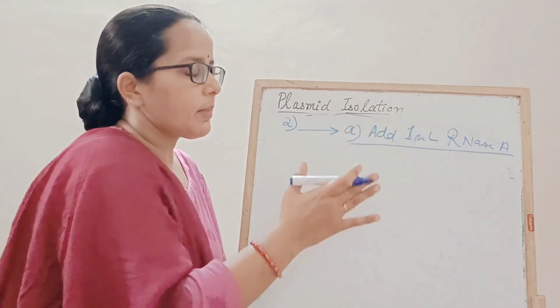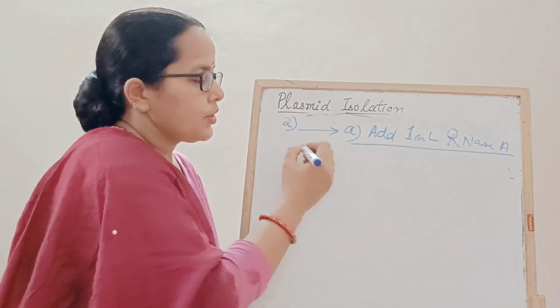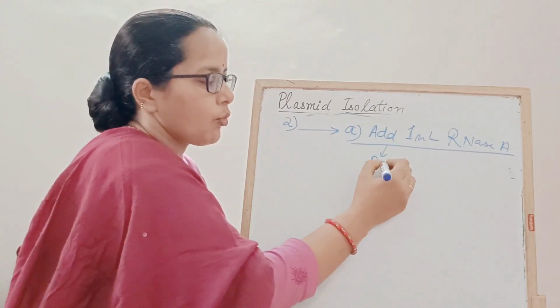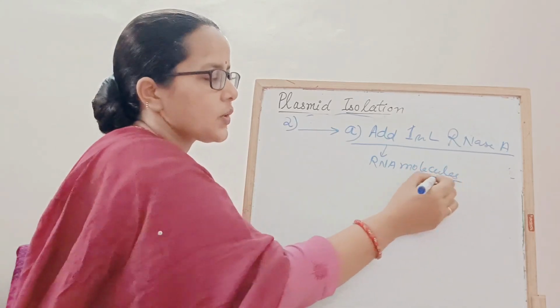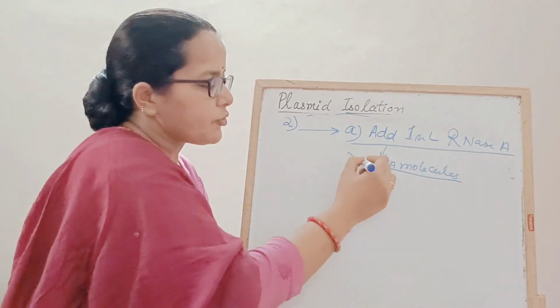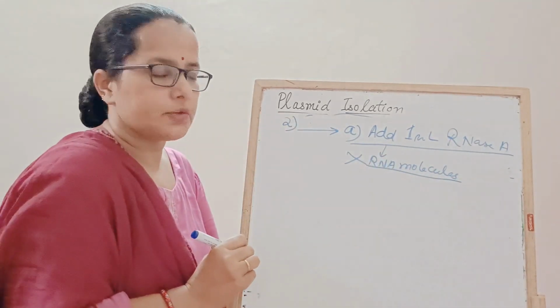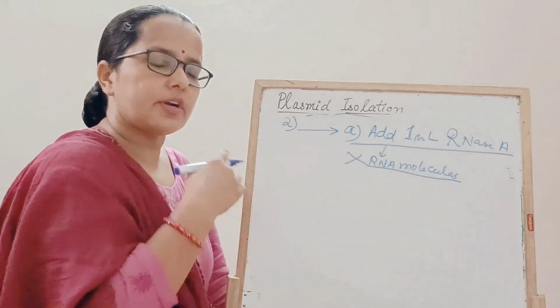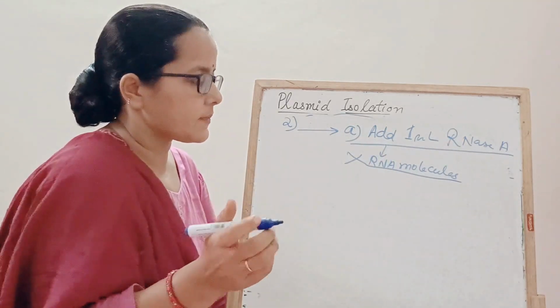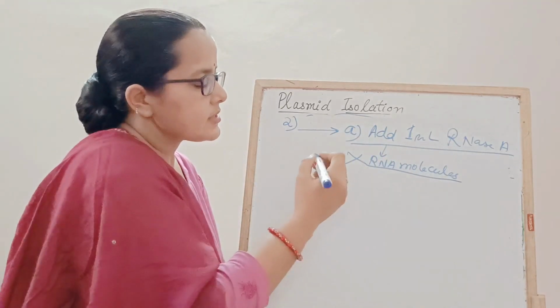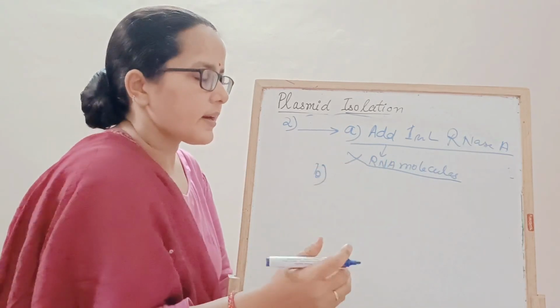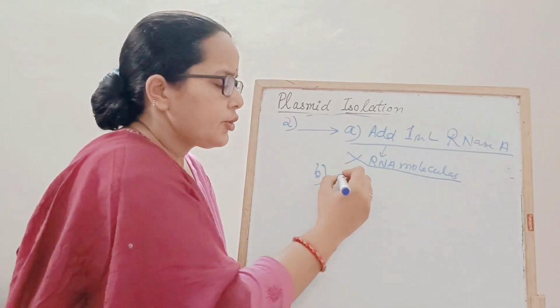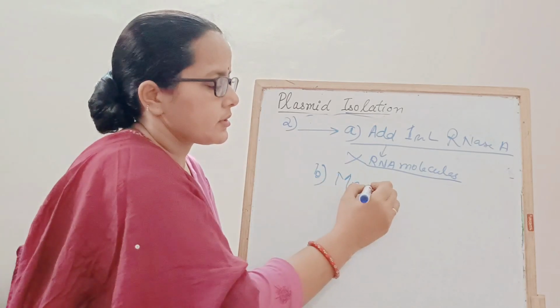So you have to add 1 microliter of RNase A to degrade all the RNA molecules which are precipitated or isolated with the plasmid. So you have to remove this RNA molecule. So RNase A आप add करो, it will chew all the RNA molecules. Then the second thing is, after addition of RNase A, you have to measure the concentration.